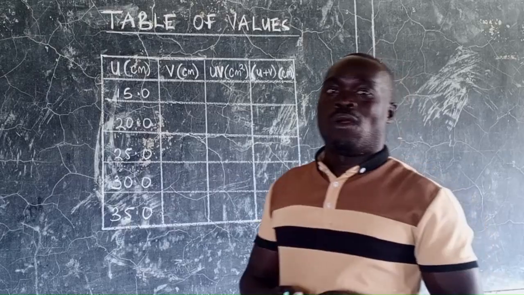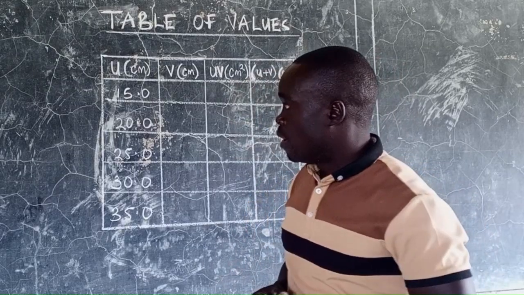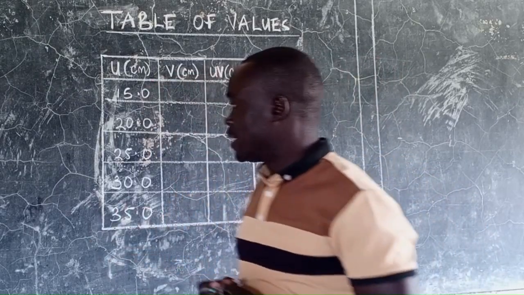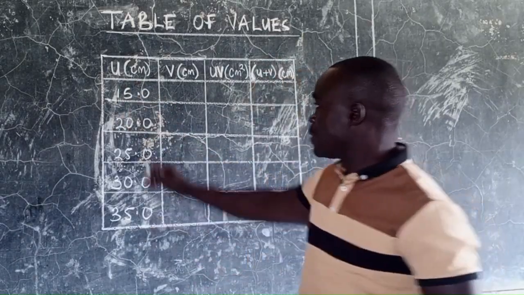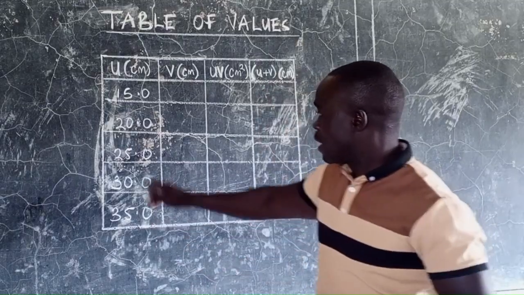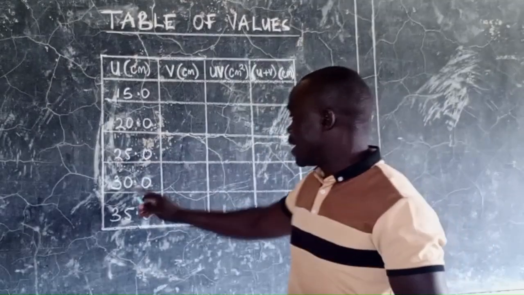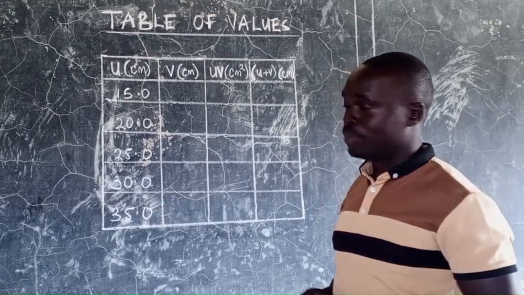Having already performed the experiments, we started with U equals 15.0, then 20.0, 25.0, 30.0, up to 35.0.